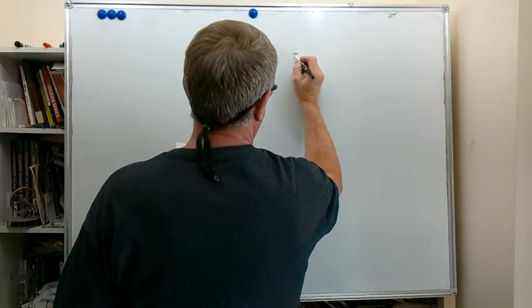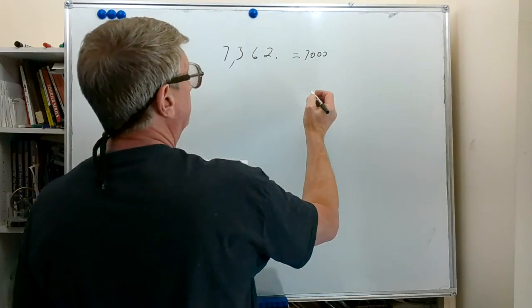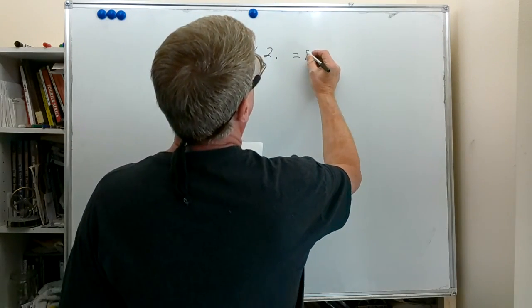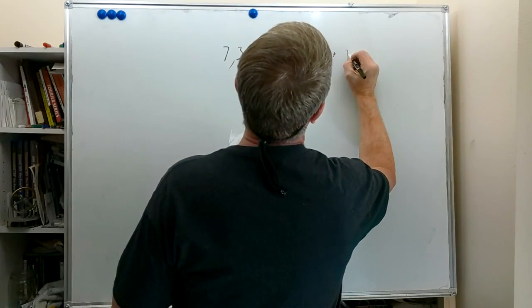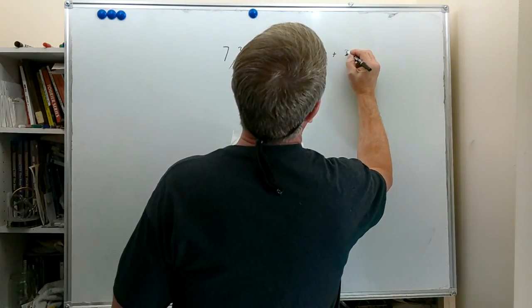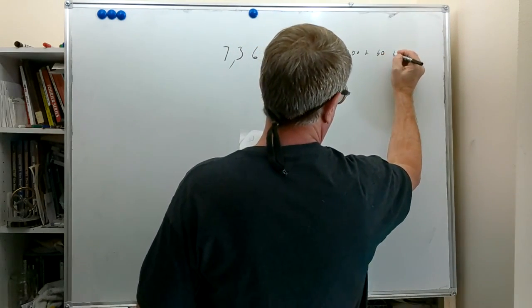So what does this mean? This is equal to 7,000 plus 300 plus 60 plus 2.